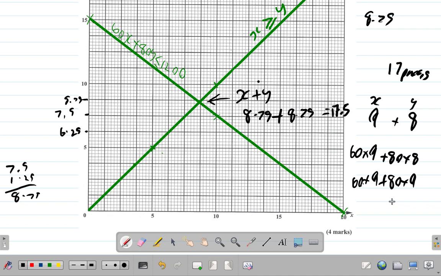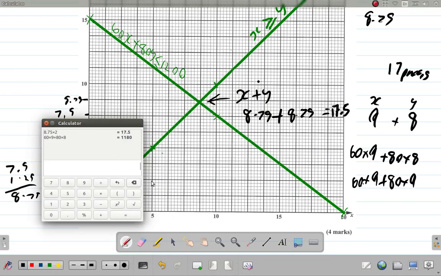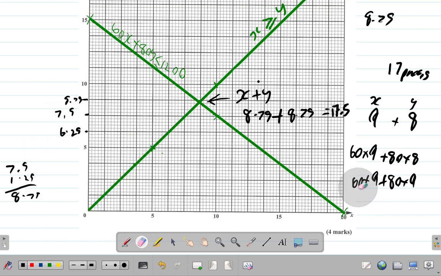Let's see what happens here. 60 times 9 plus 80 times 9 equals $1,260. But the money must not exceed $1,200. So they could not buy 18 phones. We have to go back down to 17. They spend too much if they buy 18 phones.